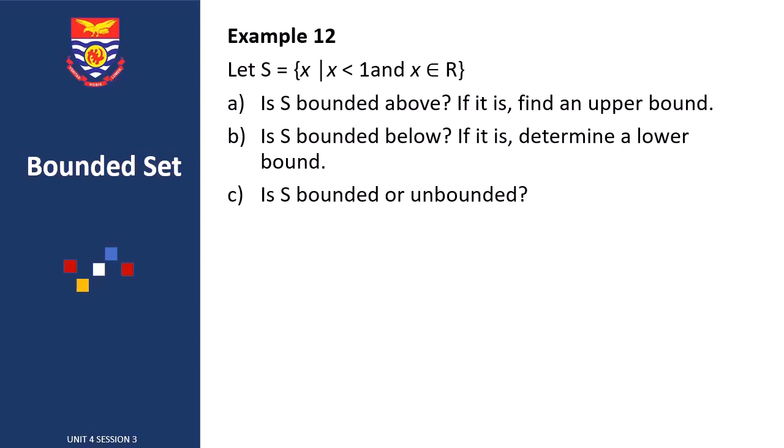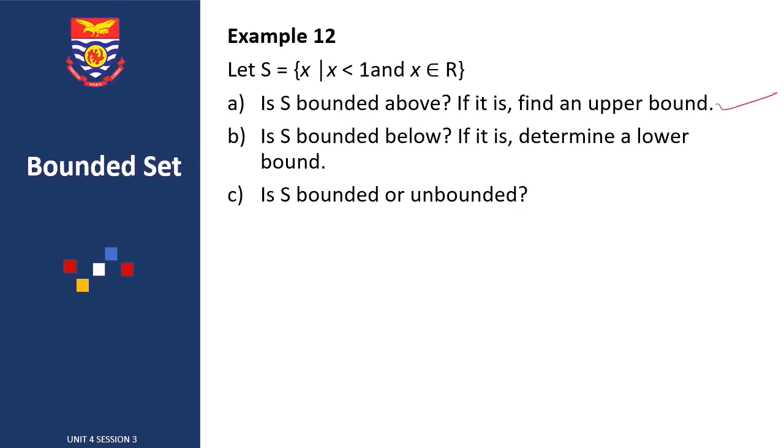Hence 1 is an upper bound of S. Any real number greater than 1 can also be an upper bound. When we look at the least upper bound, we will know the difference between them. So the upper bounds are 1, 2,000, 3,000, all those numbers are upper bounds. So the answer to this one is yes, and we have many upper bounds.